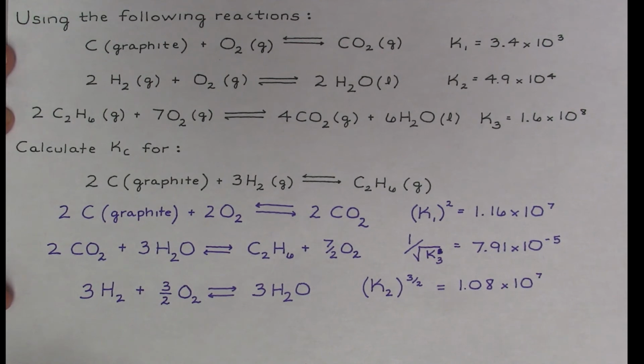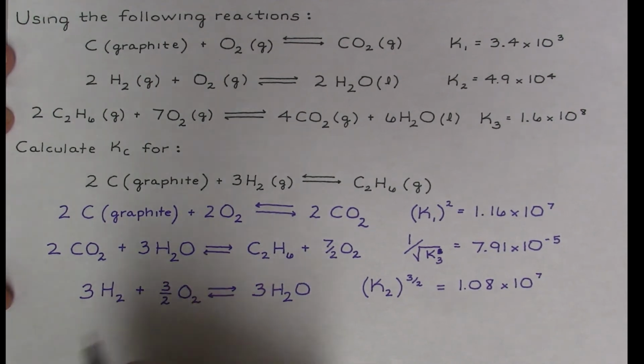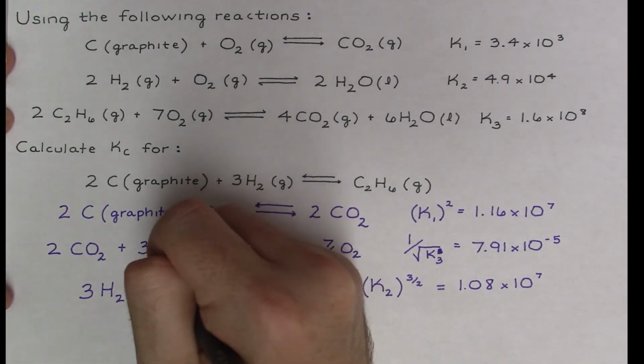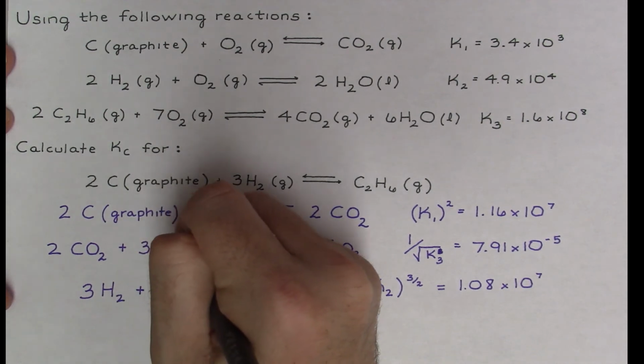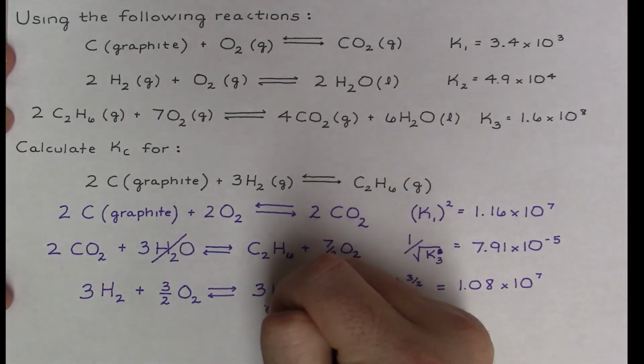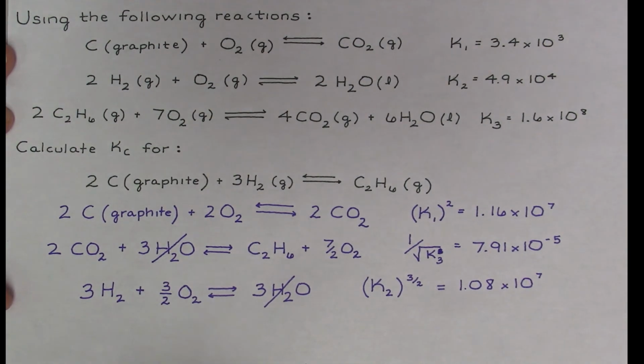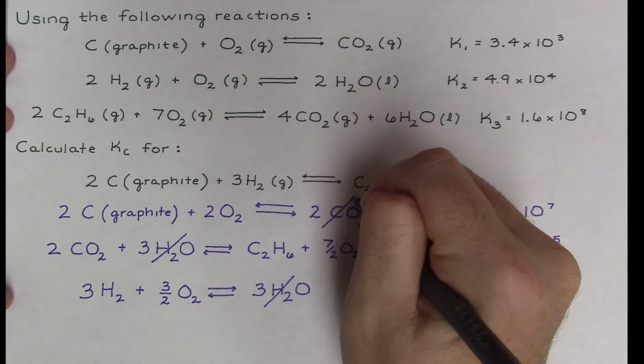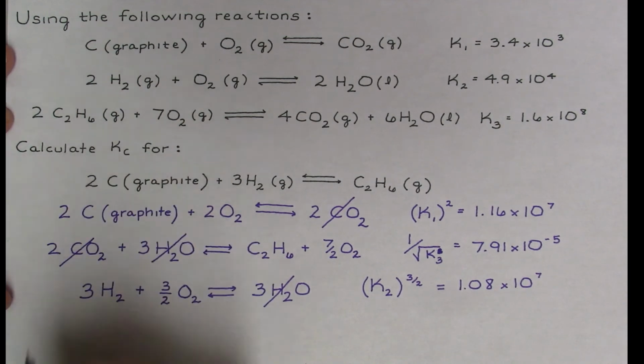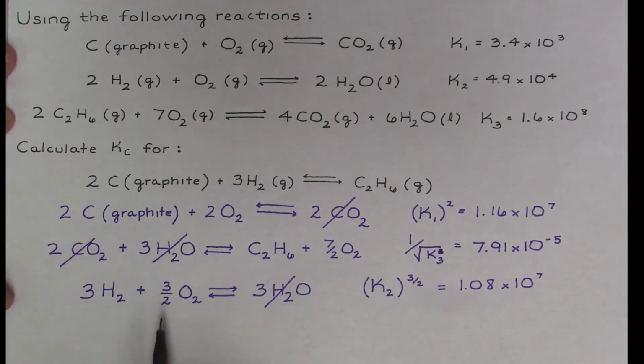So now what we need to do is look and see what cancels. In this case, we are going to cancel out our water from our second reaction and our product water in the third. You'll also see that I can get rid of the 2 carbon dioxide, both on the product and in the reactant.